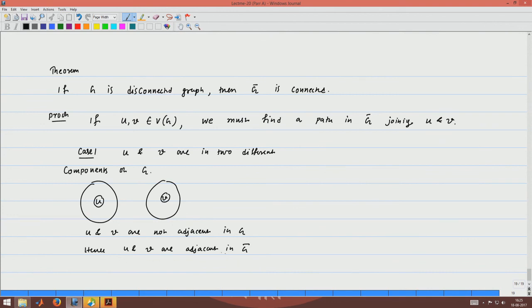So, there is a path of length 1 between U and V in G complement.